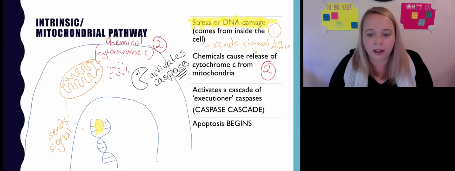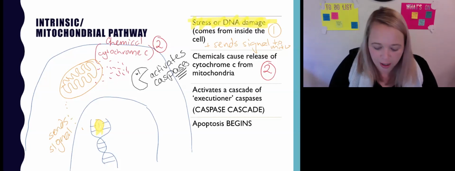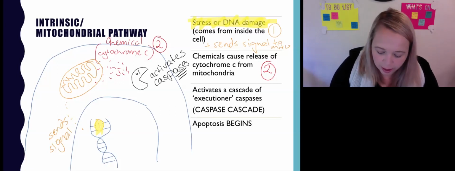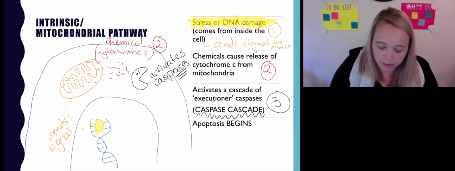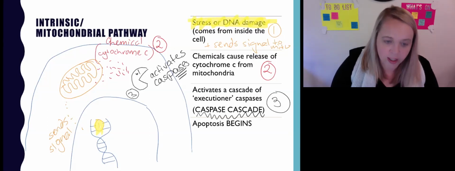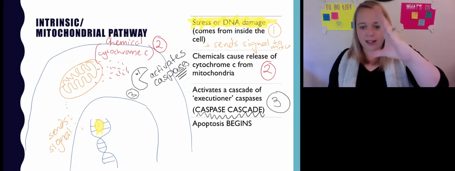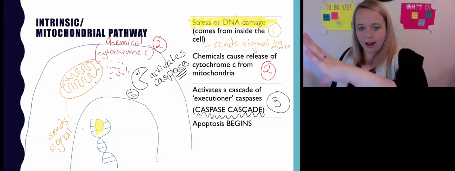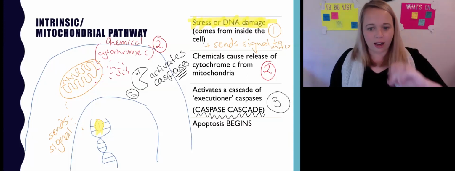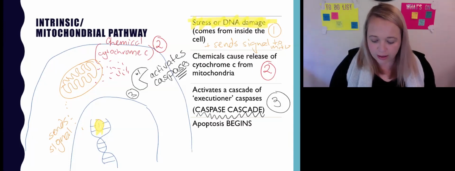They're called caspases. But what you need to know here is that it activates what we call a caspase cascade. So that's number 3, the activation of the caspases. Now these guys are exactly what you think they are. They are Pac-Man. They are moving throughout your cell and they cause apoptosis to begin.